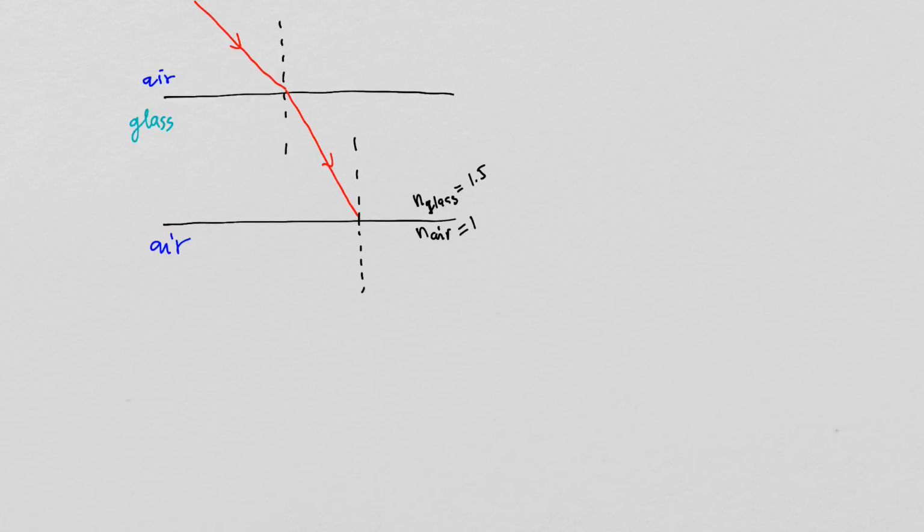So the index of refraction of glass is bigger than the index of refraction of air, and so that means that the light ray will bend away from the normal when it passes from glass to air. And so it will look like so. And it turns out that the incident ray from air onto glass is parallel to the refracted ray from glass into air again. There is only a shift due to the fact that light propagates in a different direction in the glass when it comes from air.